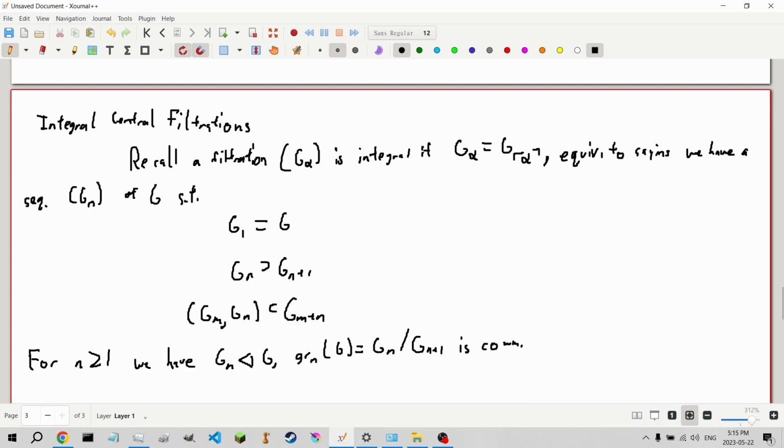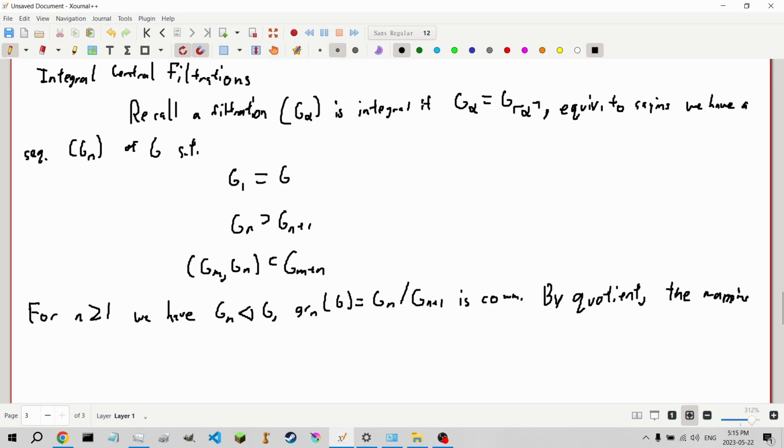On quotients, the mapping of x and y as an ordered pair to x and y as a commutator, which I'll write down the formula for.